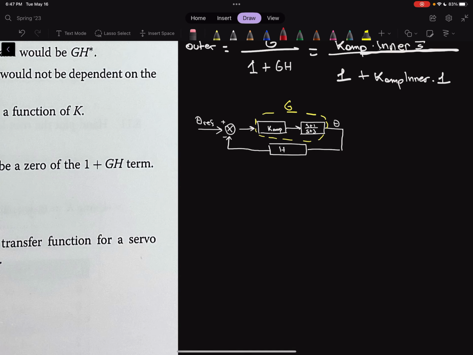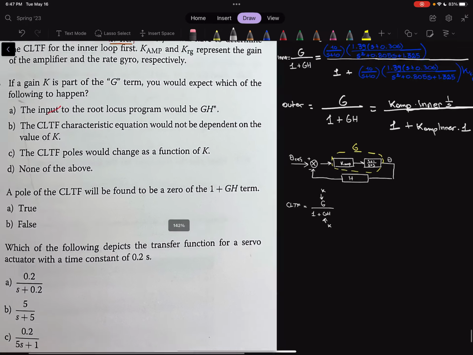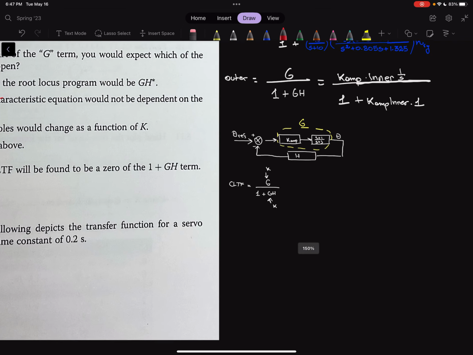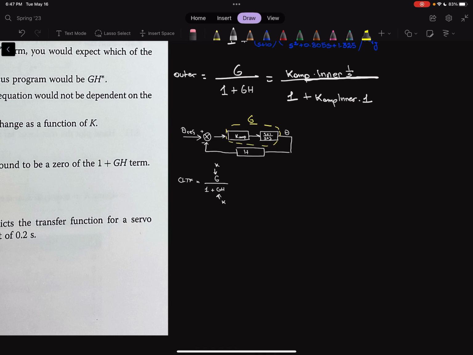Well, that actually isn't true, because the closed loop transfer function would be given by g over 1 plus gh, and there's a k in here, and there's a k in here. So it would definitely affect the value of the closed loop transfer function. The closed loop transfer function poles would change as a function of k.